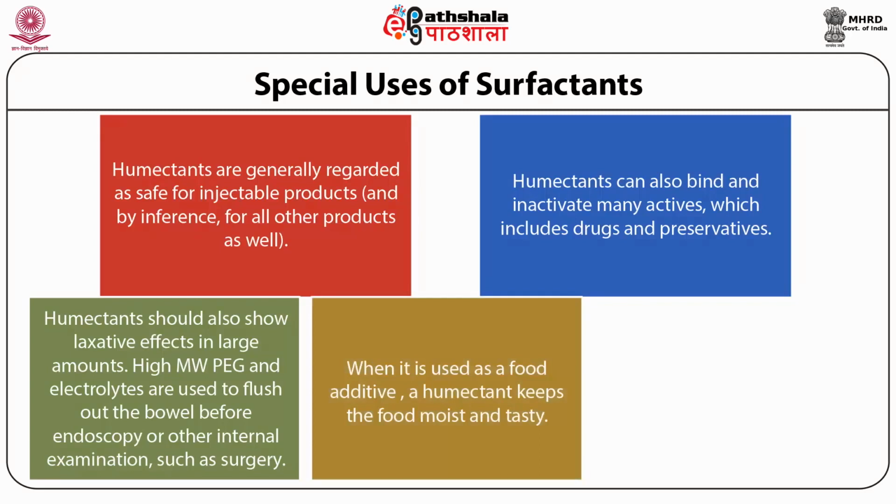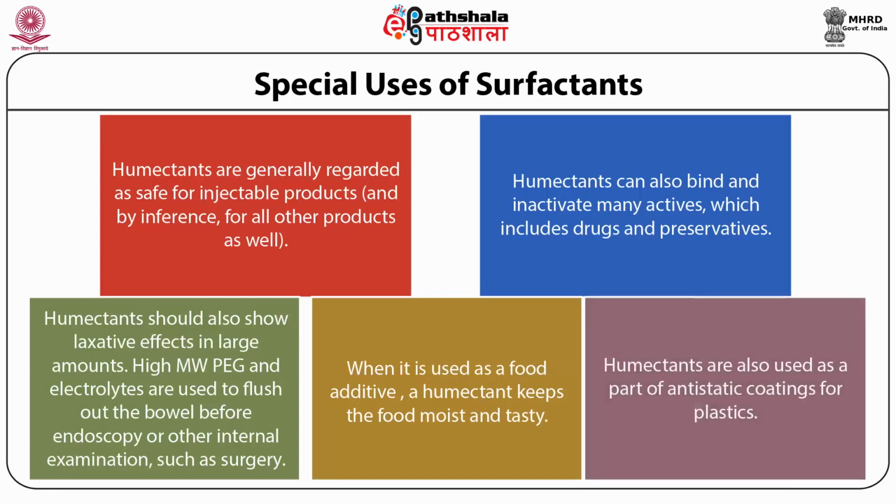When it is used as a food additive, a humectant keeps the food moist as well as tasty. This maintains the freshness of the food and increases its acceptance among the customers. Besides the above uses, humectants are also used as a part of anti-static coating for plastics.